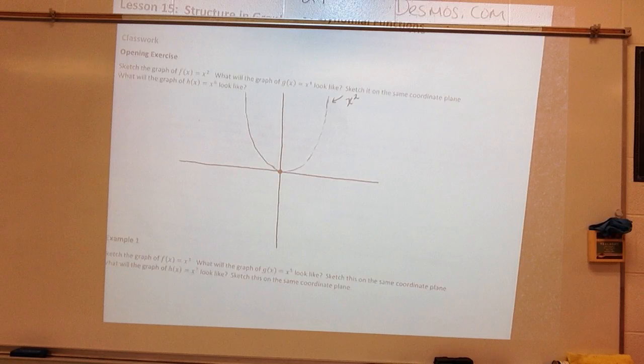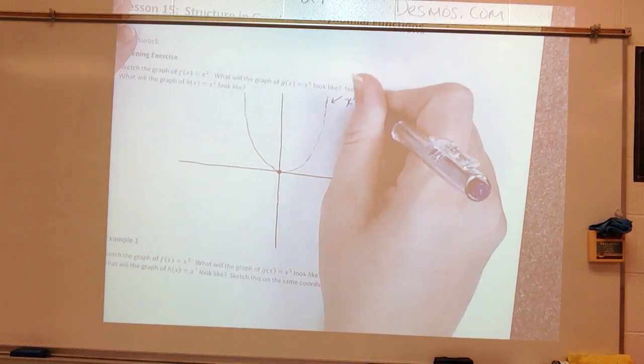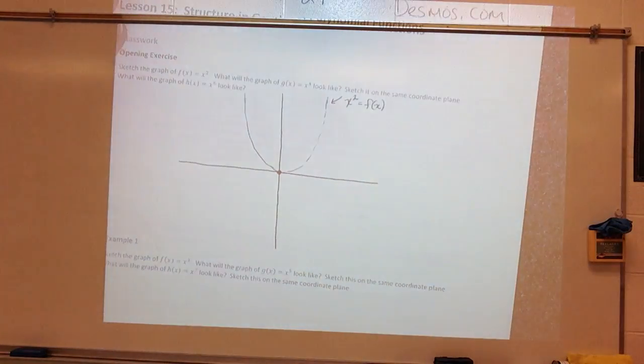Alright, so now it says, what will the graph of g of x is equal to x to the 4th look like? This is my f of x is x squared. So it wants to know what the graph of g of x is equal to x to the 4th.